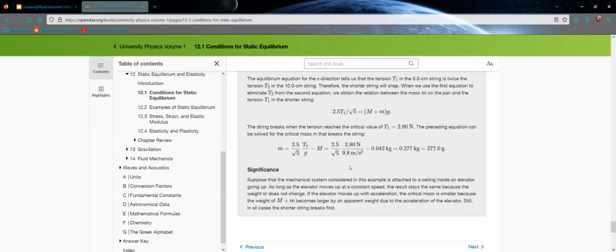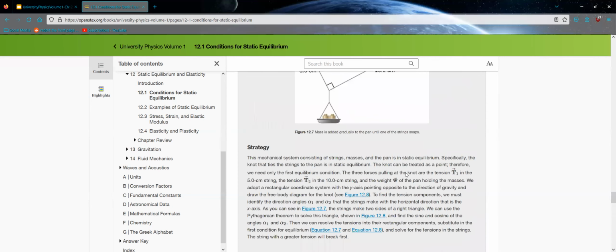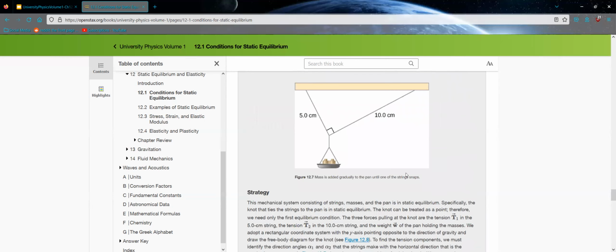So, solve for what unknown mass, little m, results in T1 equal to 2.5. Plug and chug in. You get about 0.0277 kilograms or 277 grams. Meaning, when you add slightly over a quarter of a kilogram to this figure, the string will snap.